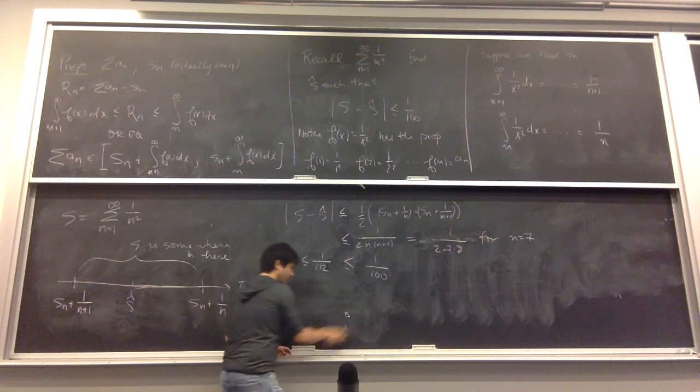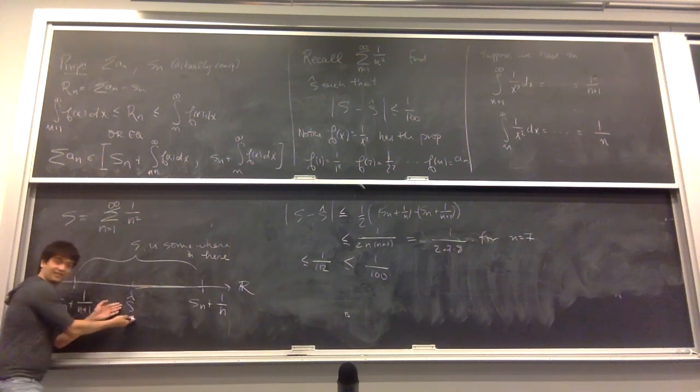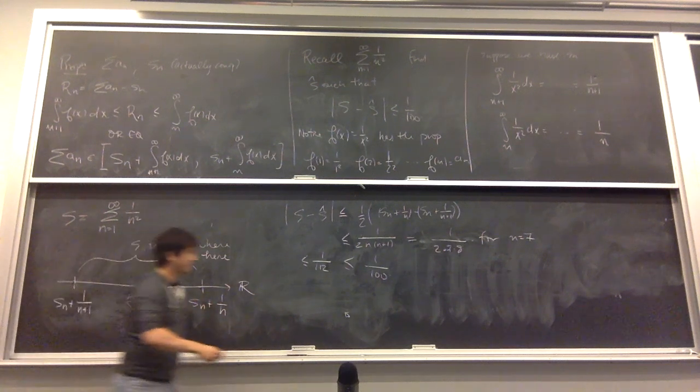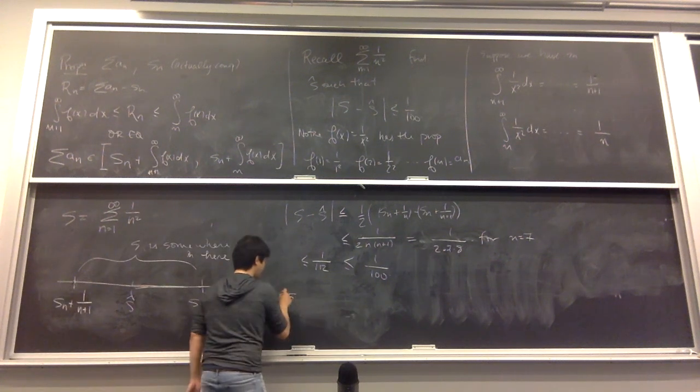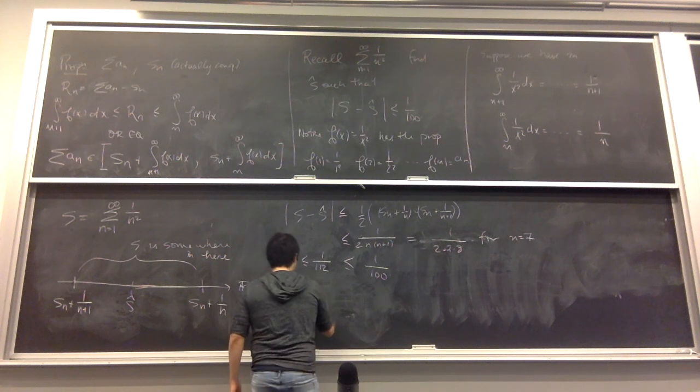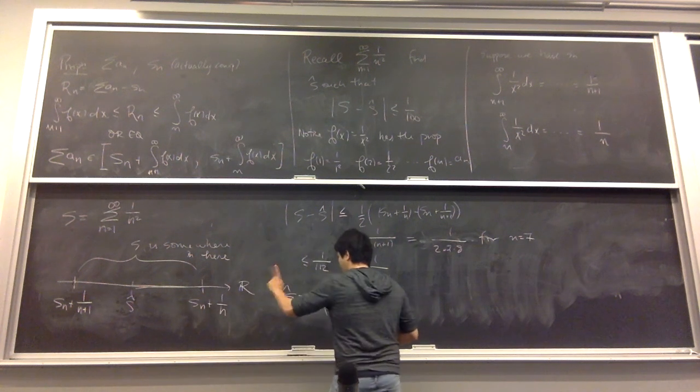Okay. So in order to get this, I just have to average these two points to get s hat. So s hat is going to be the average of those two points, which is 1/2. And I have to add them, right?